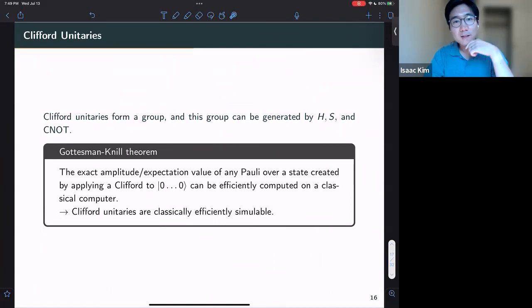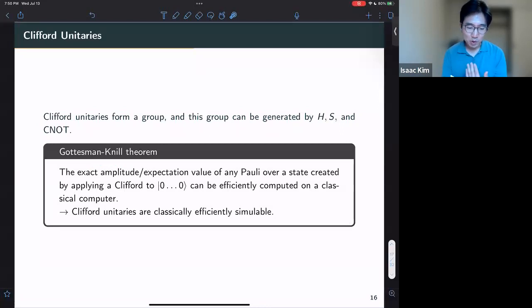And so you might be wondering, what kind of useful things can we do with these gates? The answer is, it depends on what you mean, but if your goal is to perform a computation which is difficult for a classical computer, you're out of luck, because there's this theorem called the Gottesman-Knill theorem. At a high level, it says that simulating Clifford unitaries is very easy for a classical computer.